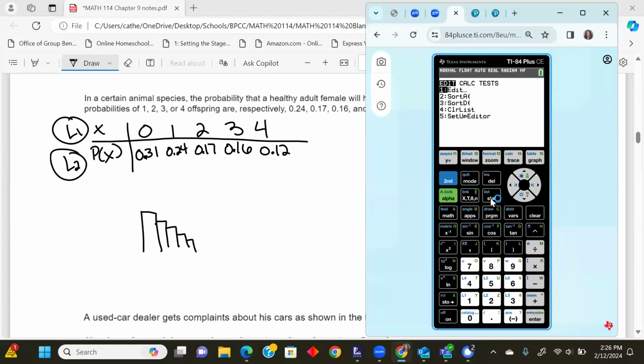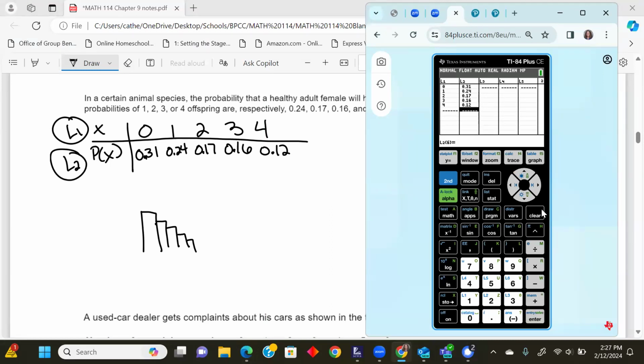So stat, we're on edit. Again, I just want to type over. And if you wanted to get rid of the whole column, arrow up to L2, hit clear, do not hit delete, and then hit enter.